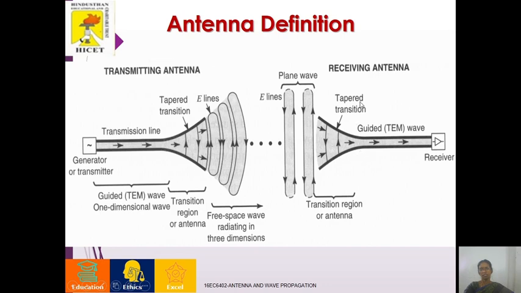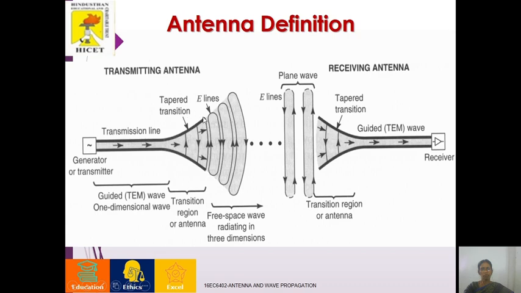In the receiver side, the receiving antenna, which is the tapered section, converts the free space plane waves into a guided electromagnetic wave. So, here the antenna can be observed to be a region which converts a one-dimensional guided electromagnetic wave into three-dimensional free space radiating wave.